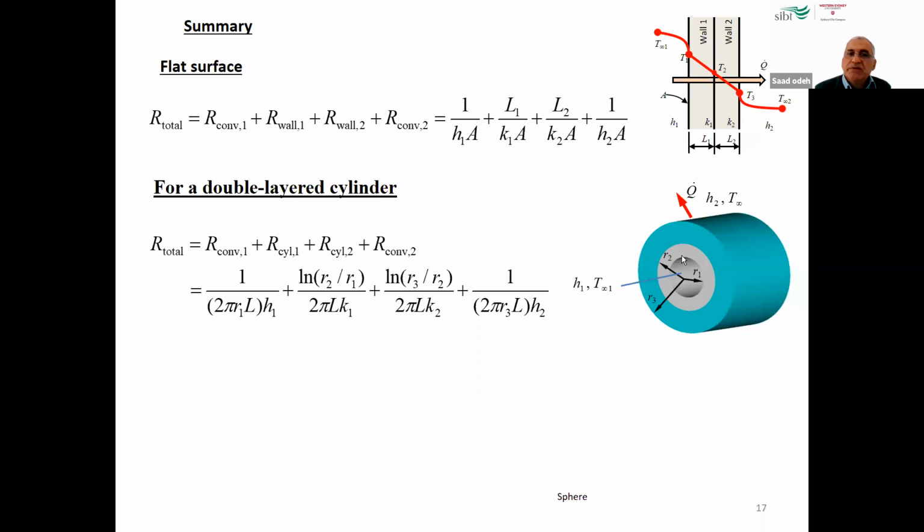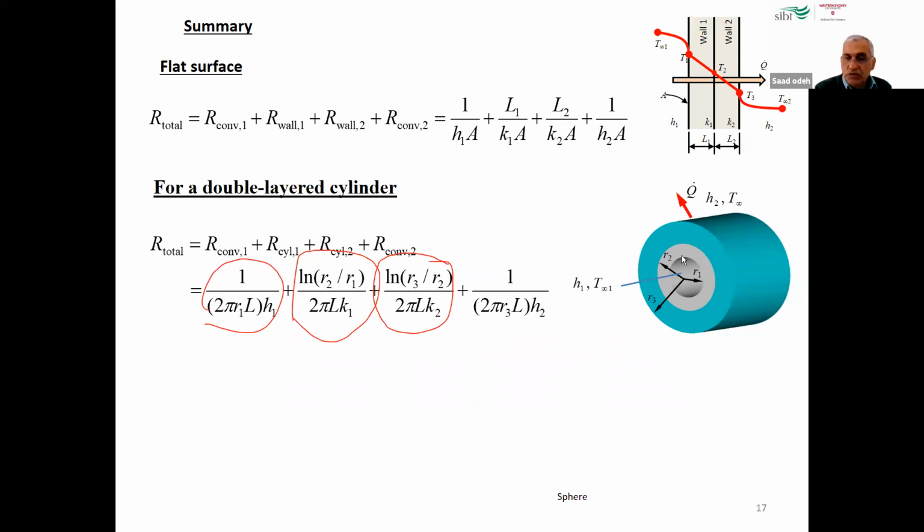As you can see, we are using the cylinder formula, 2 pi r L, and also for the conduction, we use the ln of radius out over radius in, divided by 2 pi L k, where k is the conductivity of the material of the cylinder. For each cylinder we have a different k, depending on the type of material.